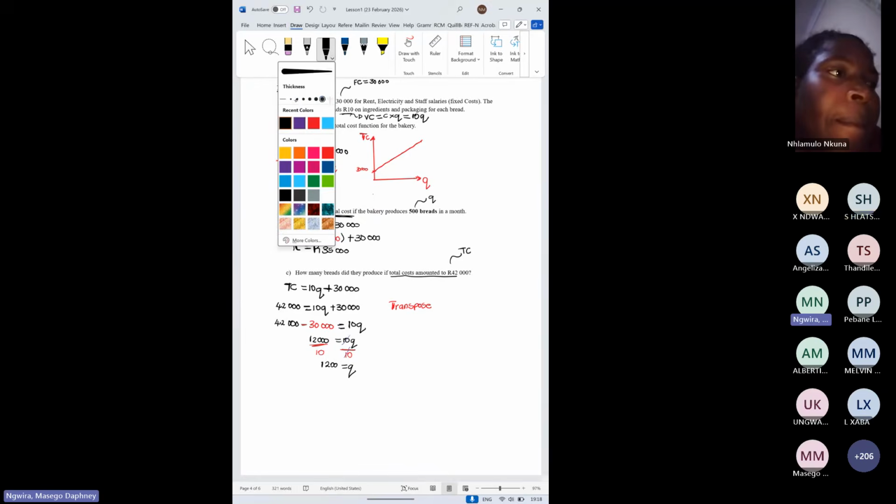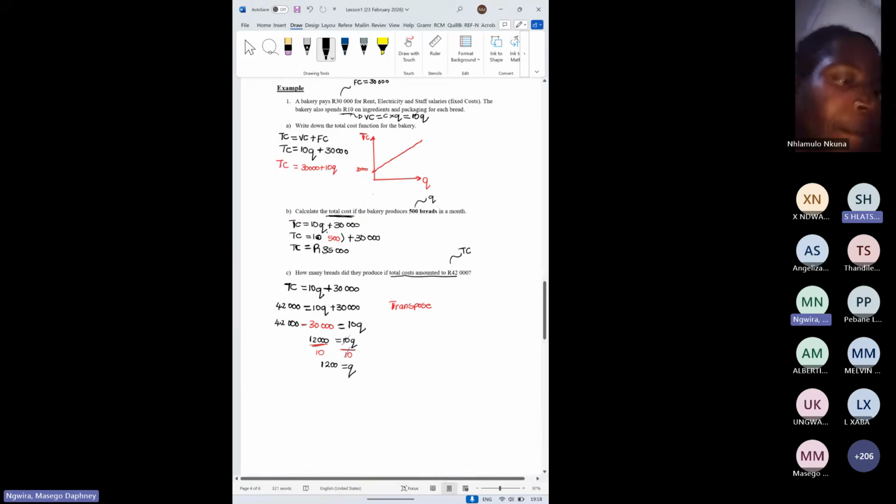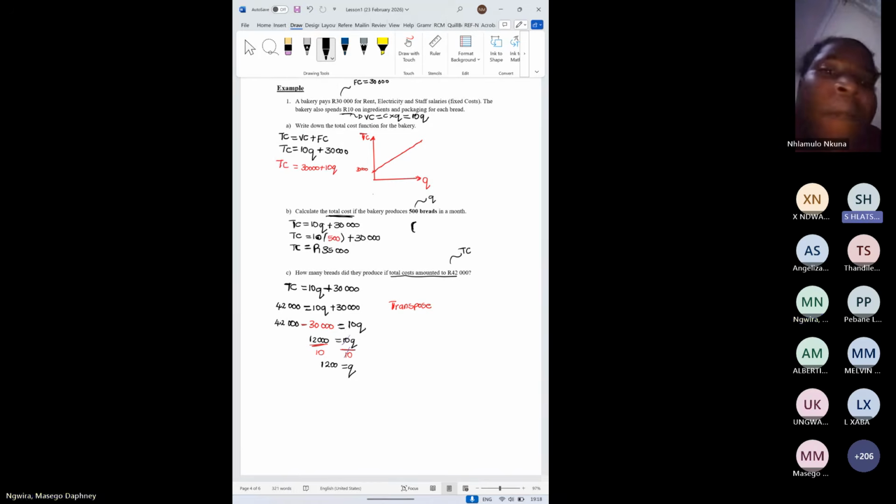So remember, in this case, if I was to plot the 5 and 40, my 5 will be 500 braids, and then my 40 is going to be 35,000. I hope that makes sense.